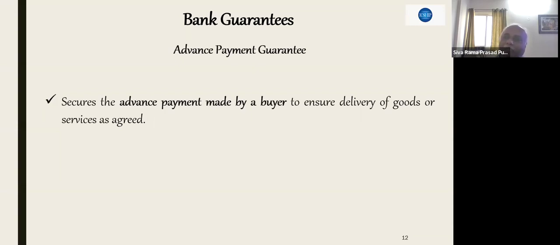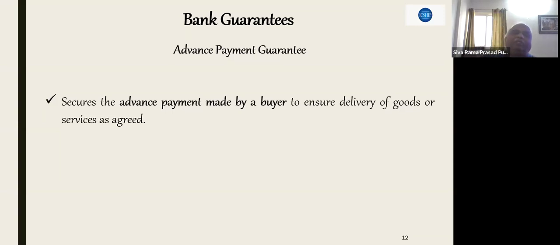Advance payment guarantee secures the advance payment made by the buyer to ensure the delivery of the goods and services. Today, credit sales. The buyer asks the seller to supply the stocks.